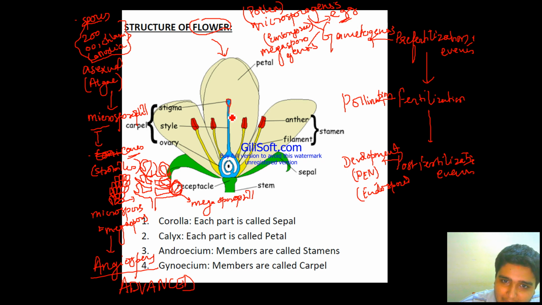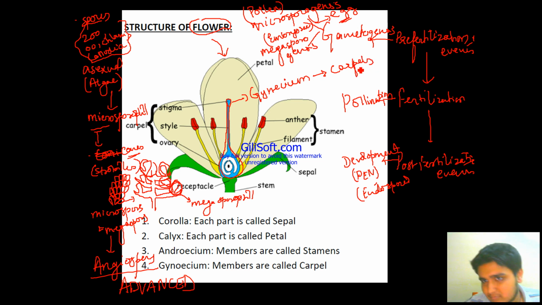Now this entire structure over here is the gynoecium. Okay. Now gynoecium is made up of carpels. Clear?